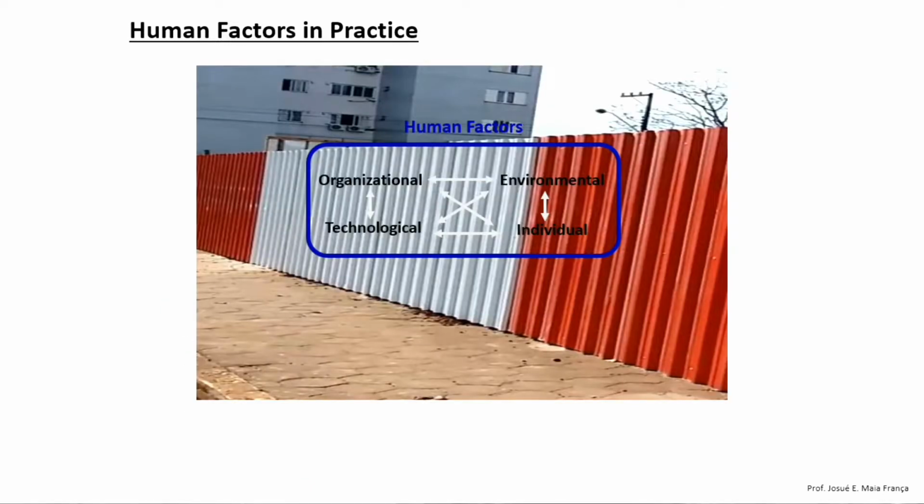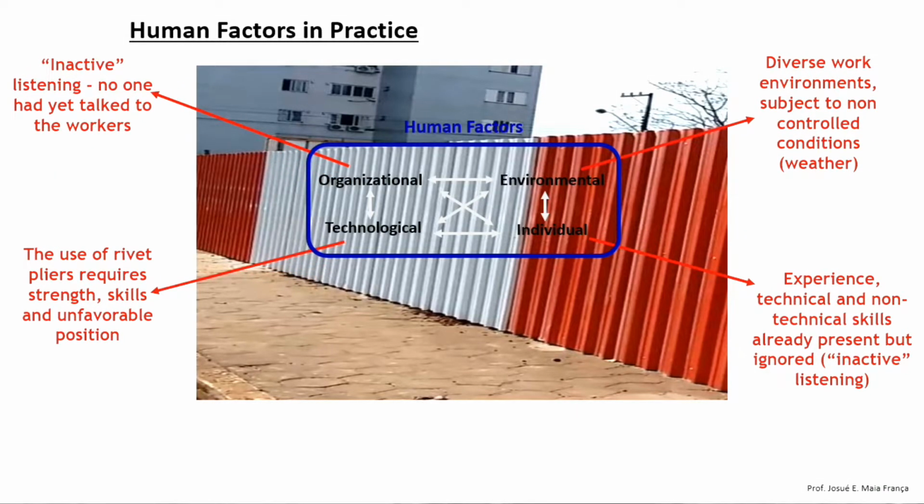So in this situation, applying the human factors approach, this safety technician talked with the workers, who said that the use of the rivet pliers requires strength, skills, and unfavorable positions to be used. This was inactive listening, no one was paying attention to what the workers were saying.